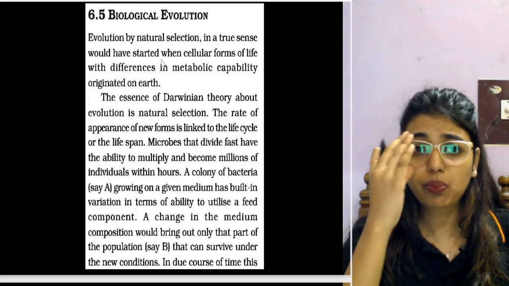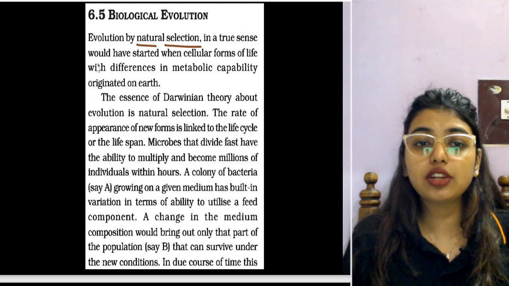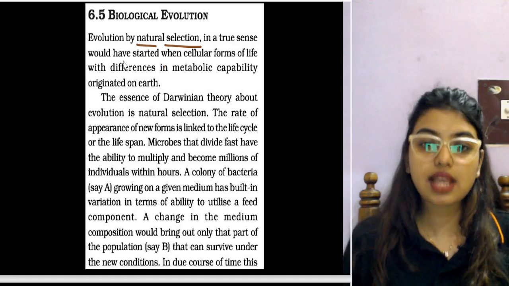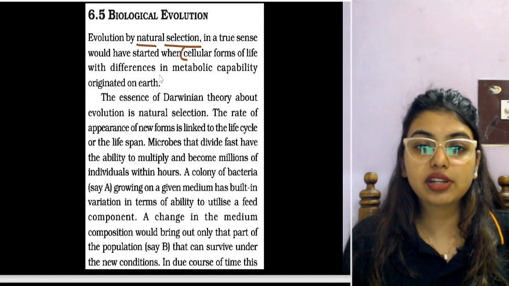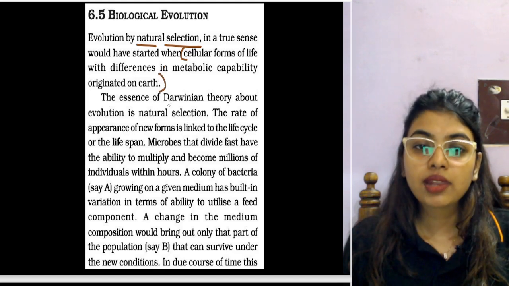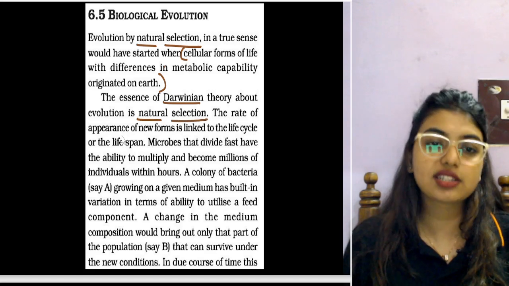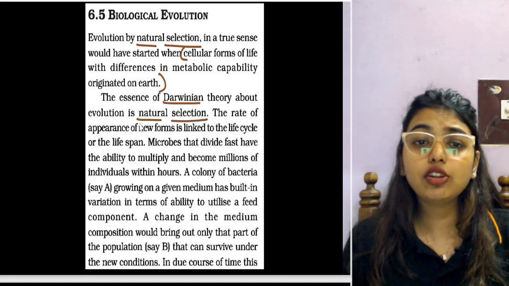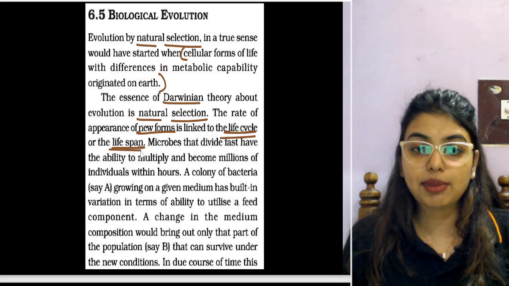Now, biological evidence. Evolution by natural selection in the full true sense would have started when cellular forms of life with differences in metabolic abilities originated on Earth. The essence of Darwin's theory about evolution is natural selection. We already discussed the rate of appearance of new forms is linked to the life cycle or the lifespan.